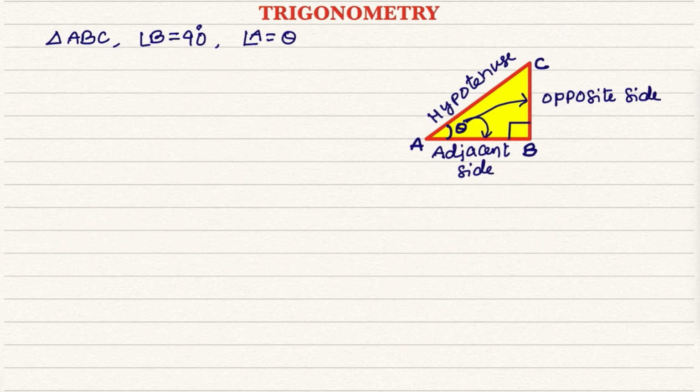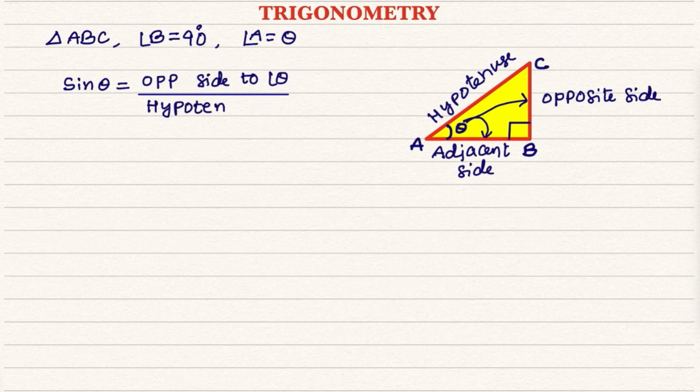The first ratio is sin theta. Sin theta is defined as the ratio of the opposite side to angle theta by the hypotenuse. So the ratio of the opposite side and hypotenuse is called sin theta. And the next ratio we have is cos theta.